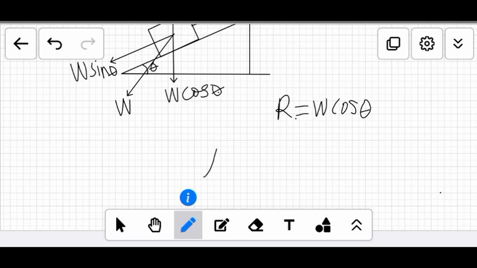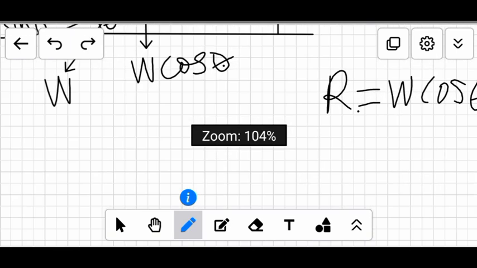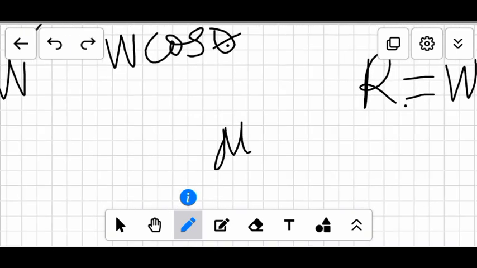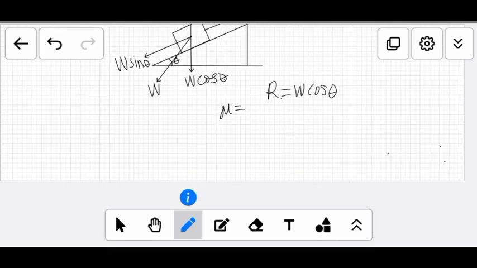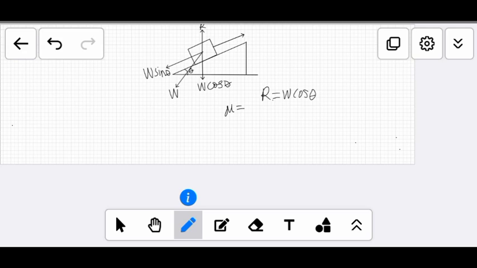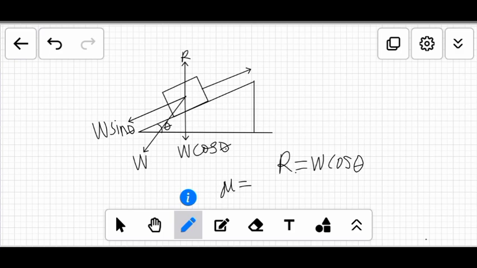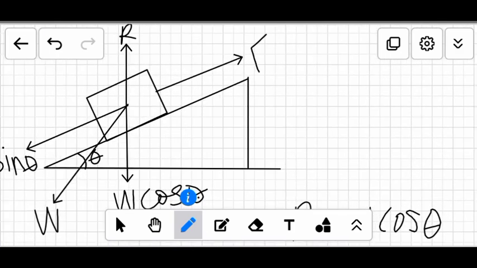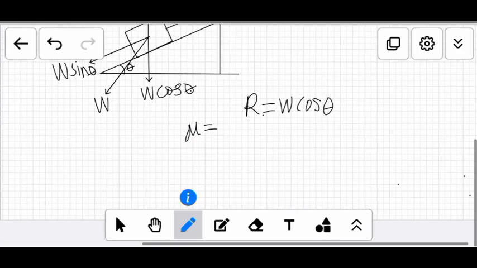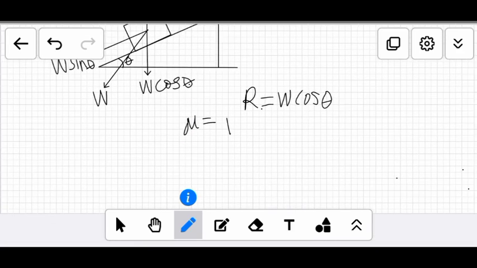To find the value of the coefficient of friction, we say the coefficient of friction is the force. Now in this situation, the frictional force acting in the opposite direction is equal to W sine theta. So we have a frictional force Fr here, which is equal to W sine theta.